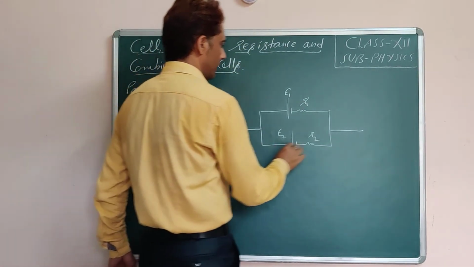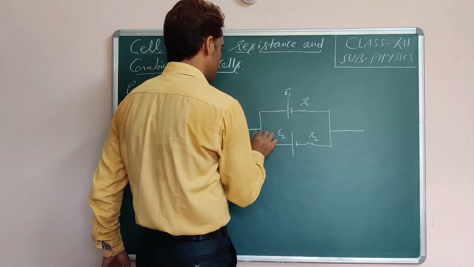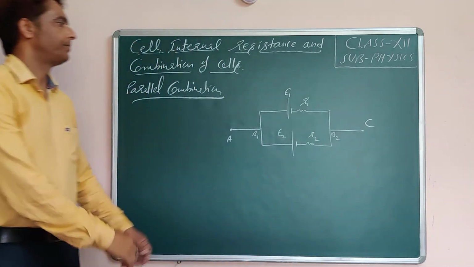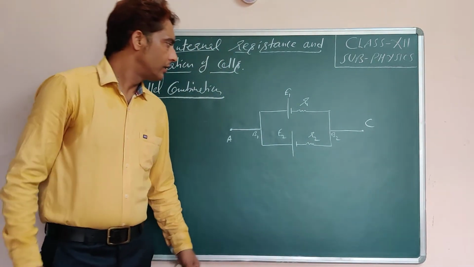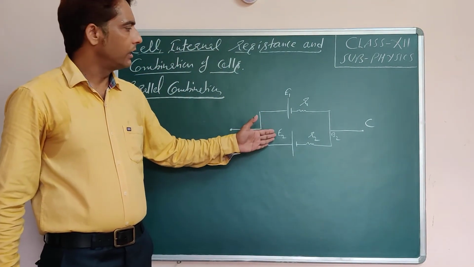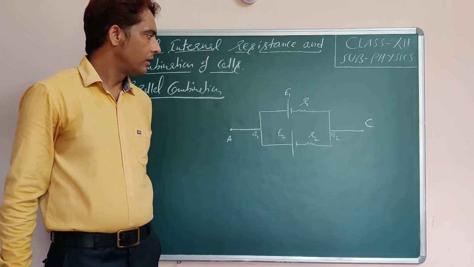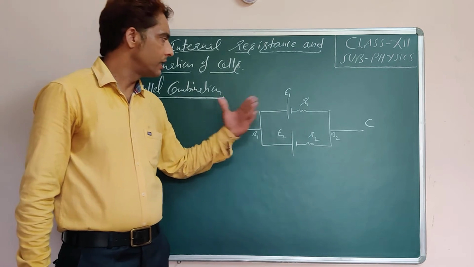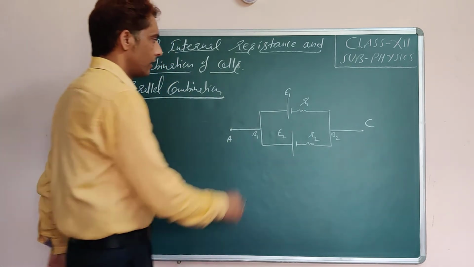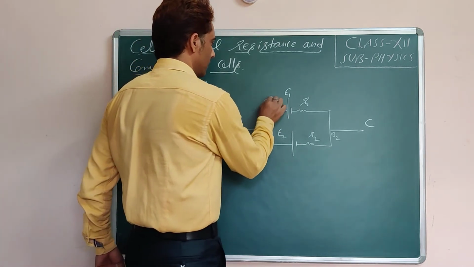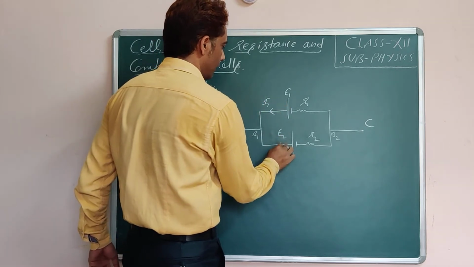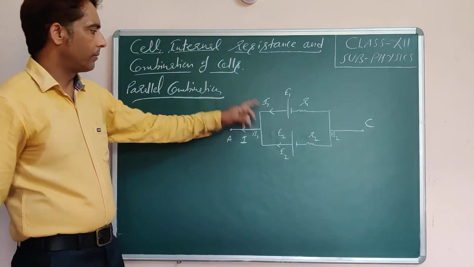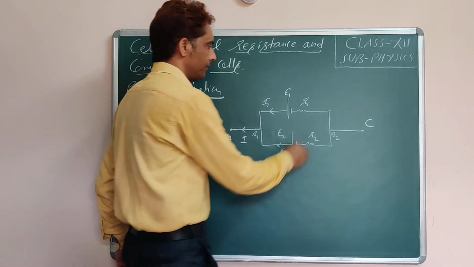This point is A, this point is V1, this is V2 and this point is C. Since the cells are connected in parallel, the potential difference across both of them will be the same. So let I1 be the current given by this cell and I2 the current given by the other cell, so that I1 plus I2 is equal to I.